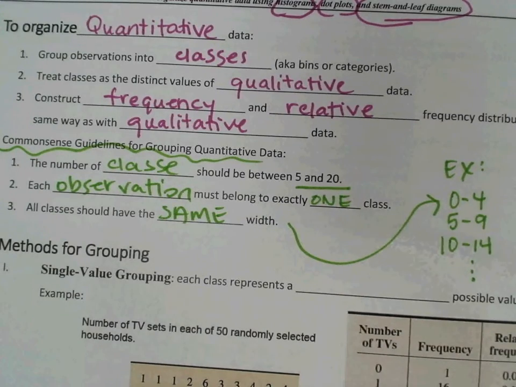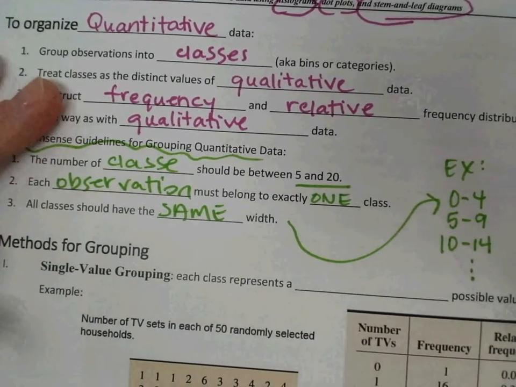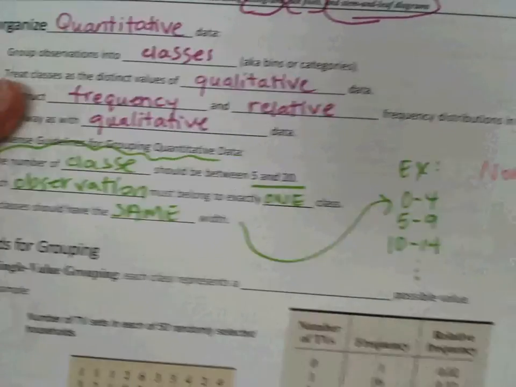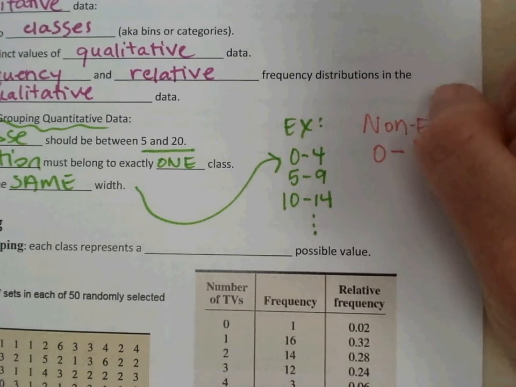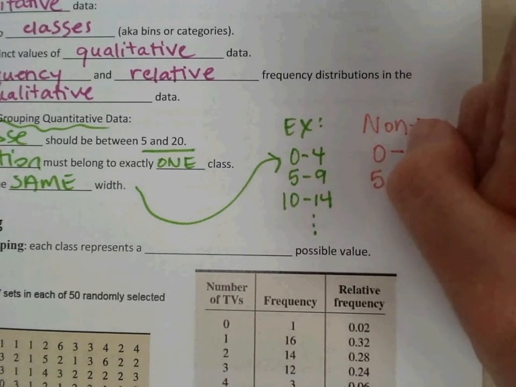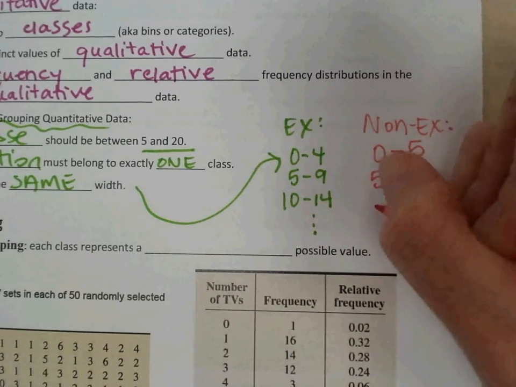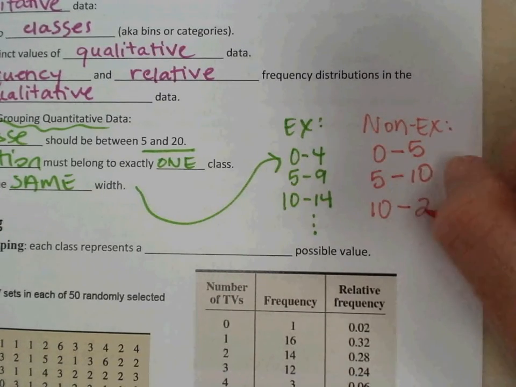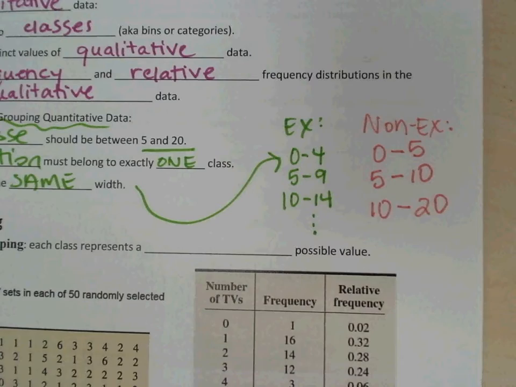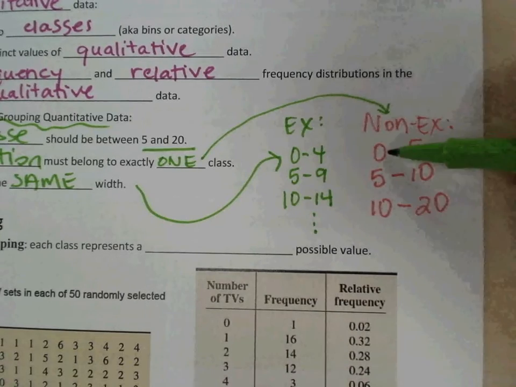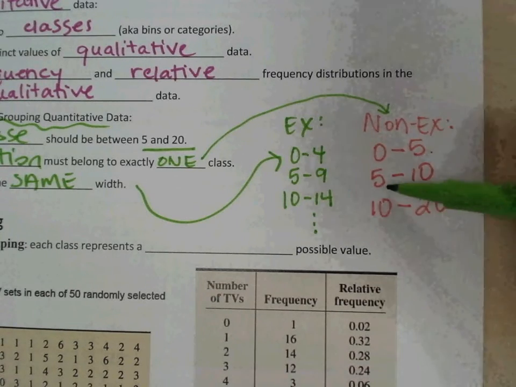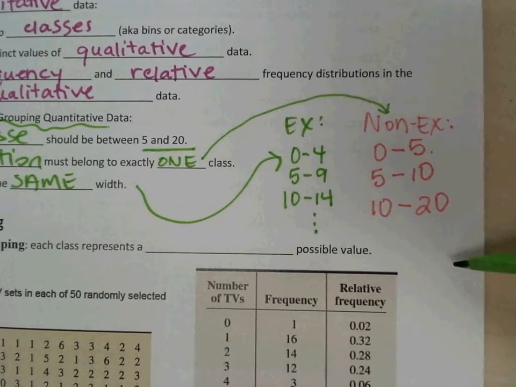So if you did something like this, where we did 0 to 5, 5 to 10, 10 to 20, that breaks both of my rules. 0 to 5, 5 to 10, those are the same length, but 10 to 20 is a larger width.